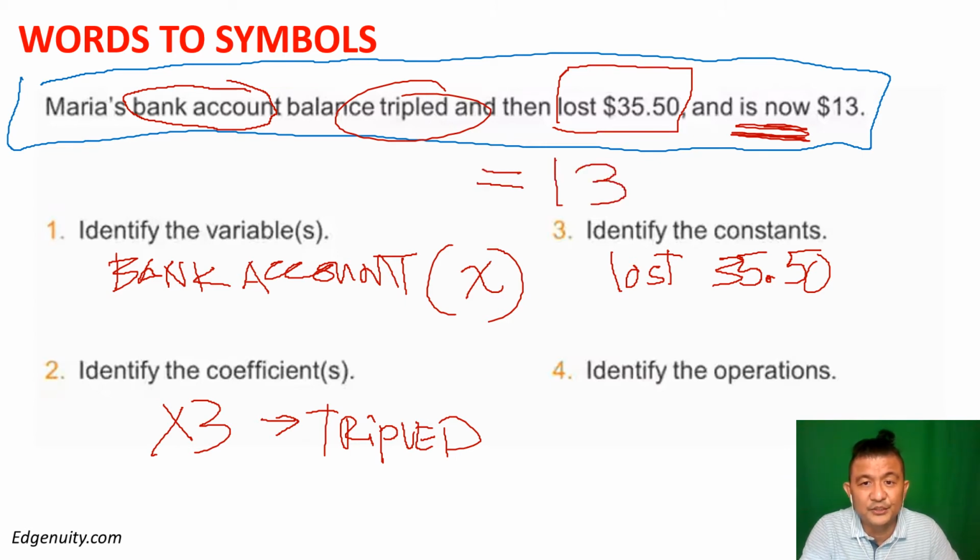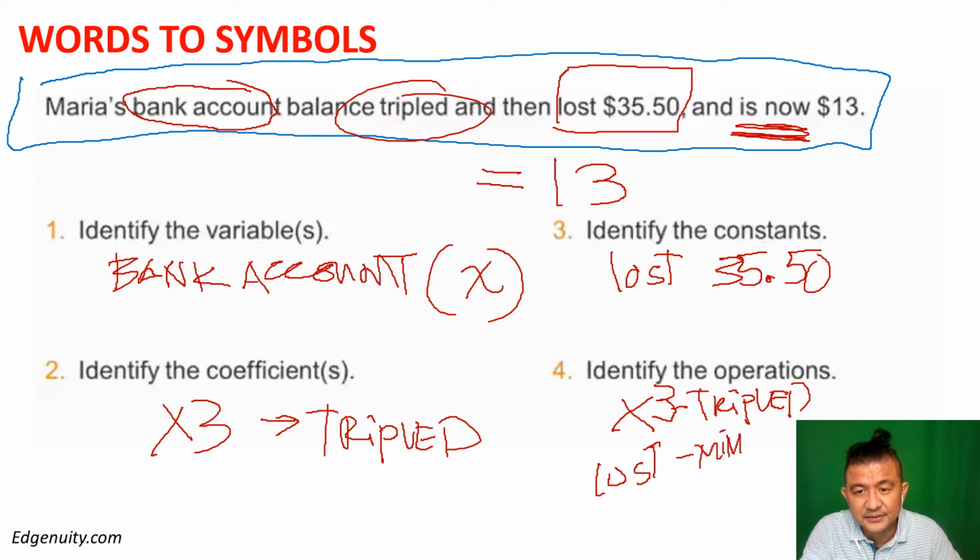Okay. The operations is what? Let's see. Tripled is multiplication. Tripled means times 3. What else? The word lost means minus. Okay, let's put them together now.